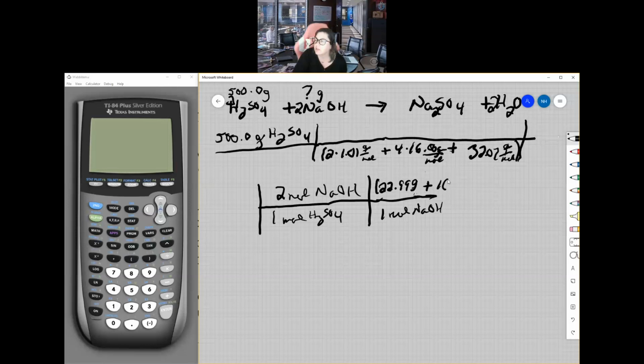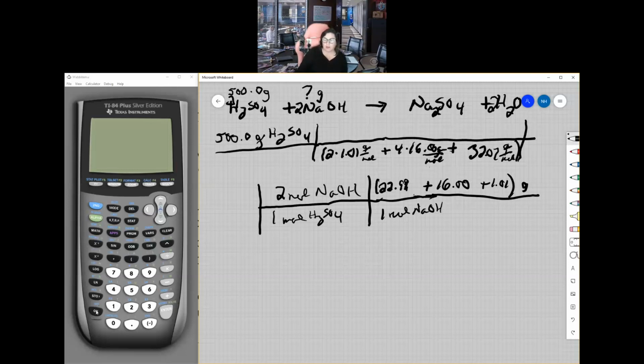Plus 16.00 plus 1. And that should give me an answer in grams. And I actually removed the grams and put it outside of the parentheses so I didn't have to write it every time. It's a little neurotic and crazy to do.